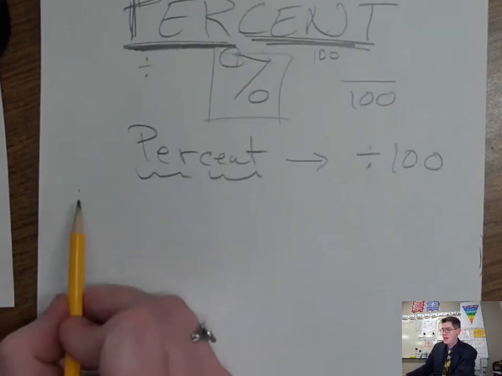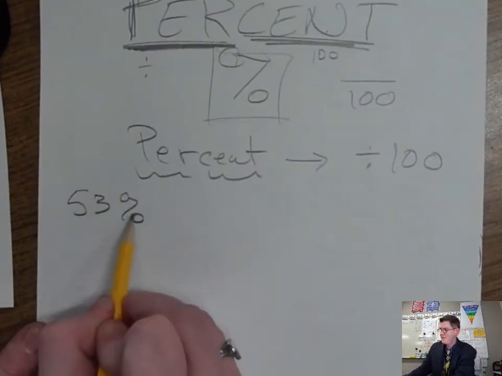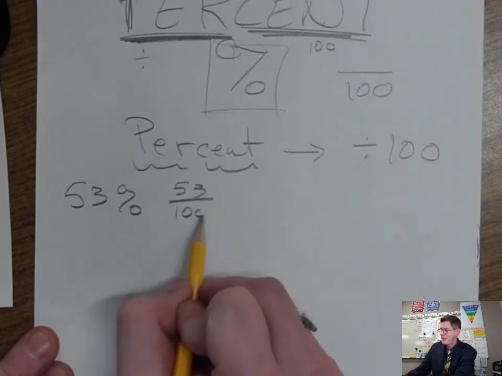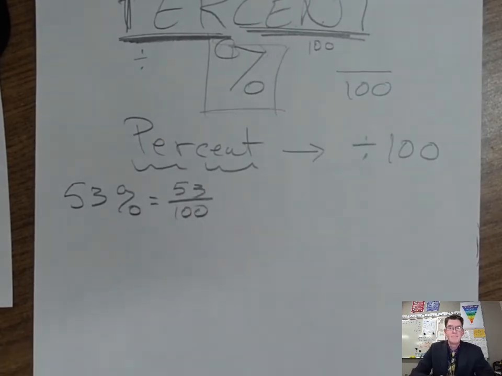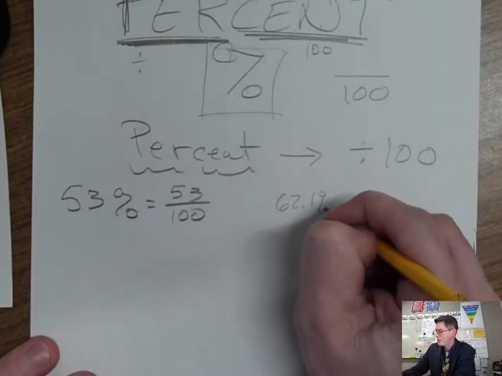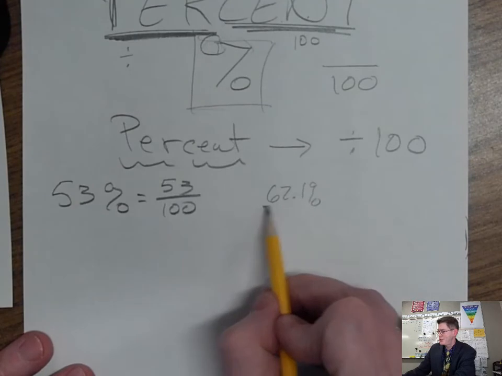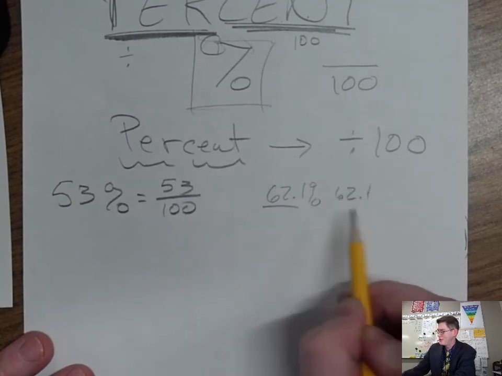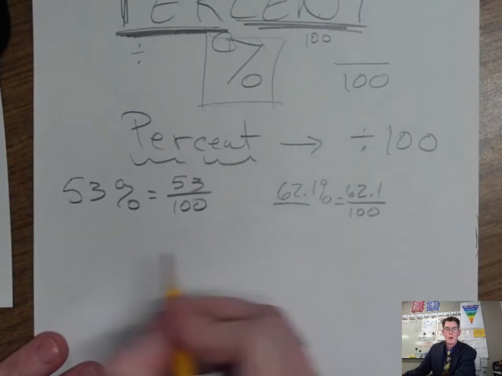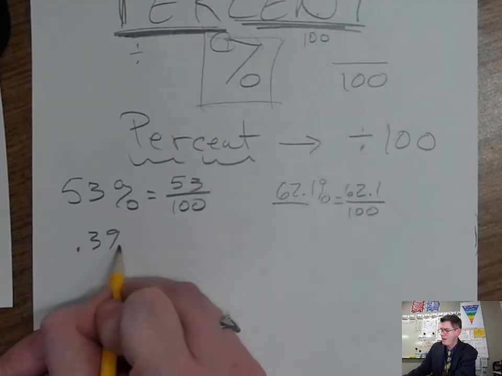So if I talk about 53%, all I am talking about is 53 divided by 100. What about 62.1%? Well, it's just that number, 62.1 divided by 100. Or what if I say 0.3%?